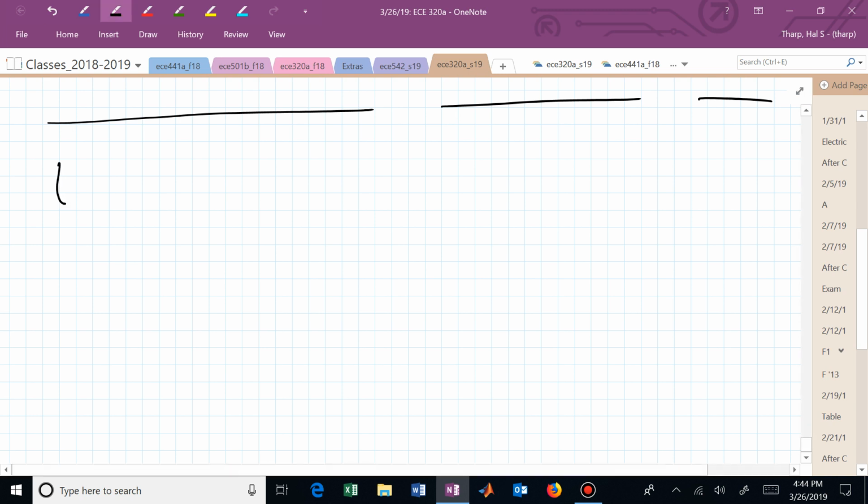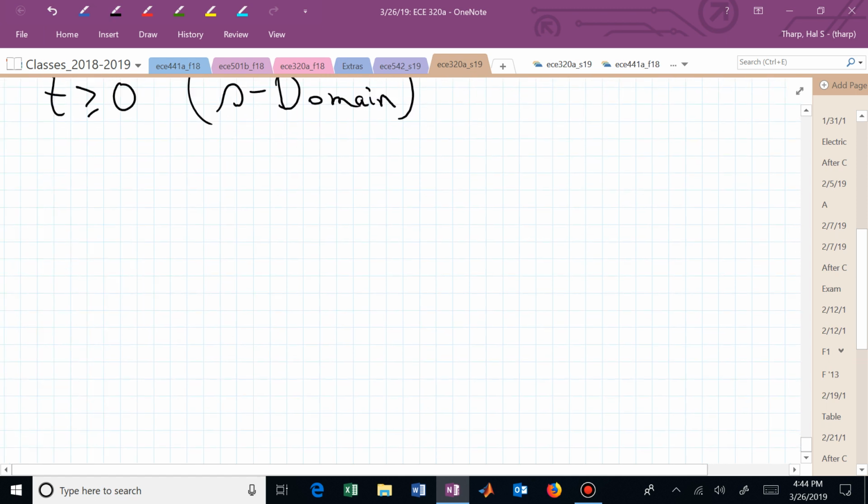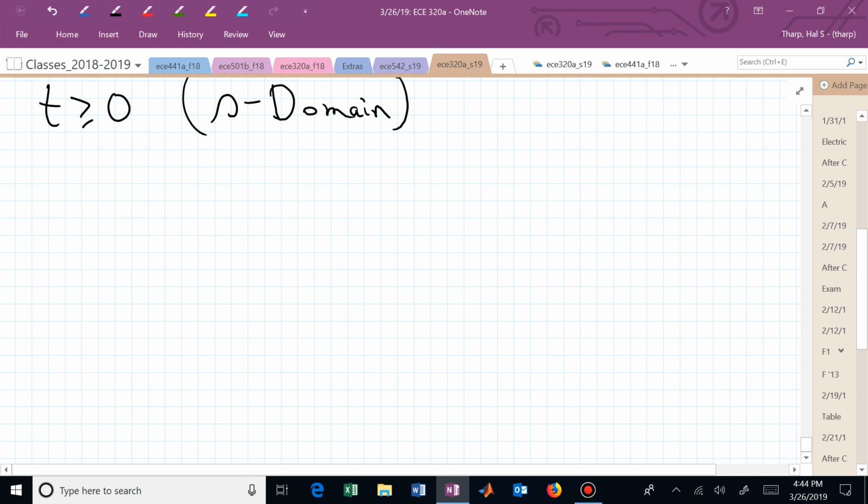So now at t greater than or equal to 0, we can now write down the S-domain circuit. Yes? And what's it going to look like? Now we do have to keep track of that 5 ohm resistor up in the top branch. We would have a capacitor. And what's its impedance? 1 over SC, whatever C was, which was 6.